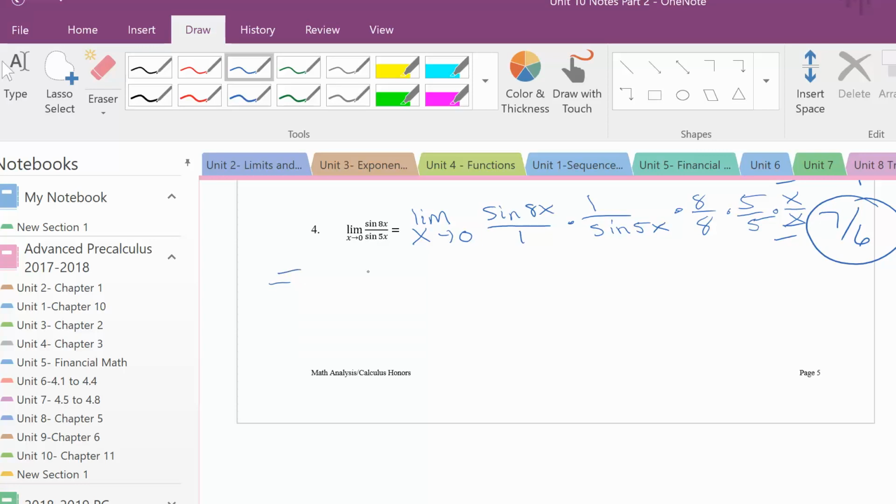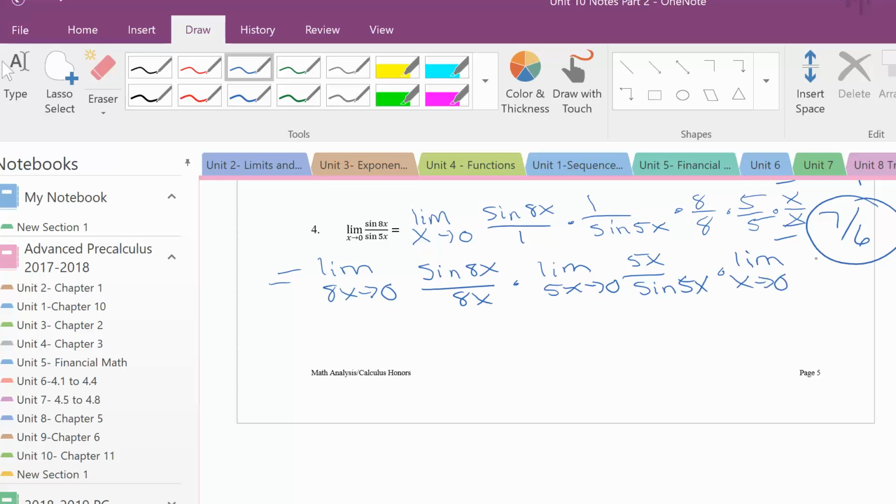So that means we're going to have the limit as 8x approaches 0 of sine 8x over 8x times the limit as 5x approaches 0 of 5x over sine 5x times, excuse me, the limit as x approaches 0 of 8/5.